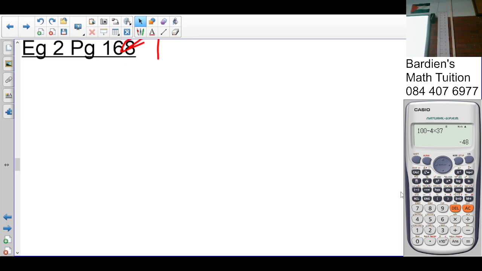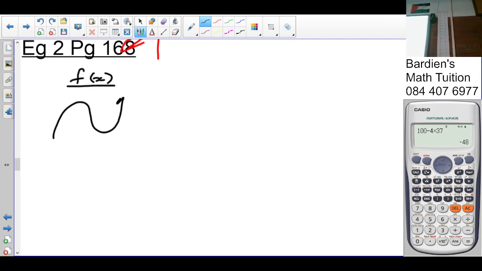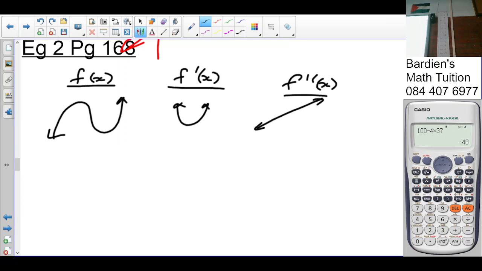If f of x is given as that graph, the first derivative is positive, so the graph is smiling, and your second derivative will be an increasing linear function.